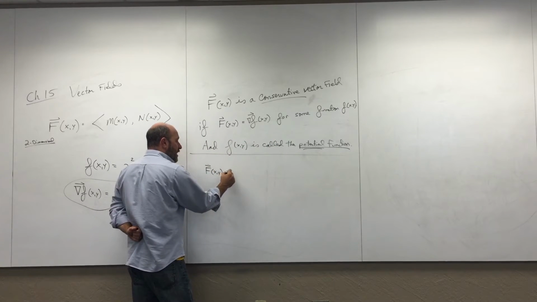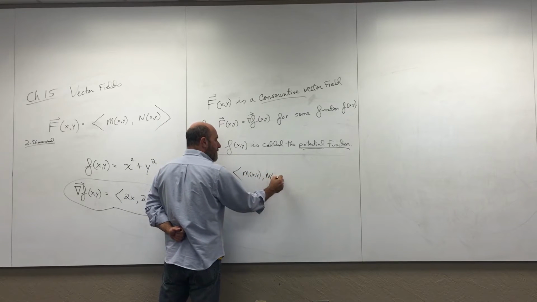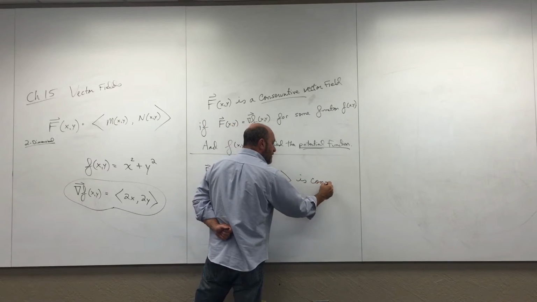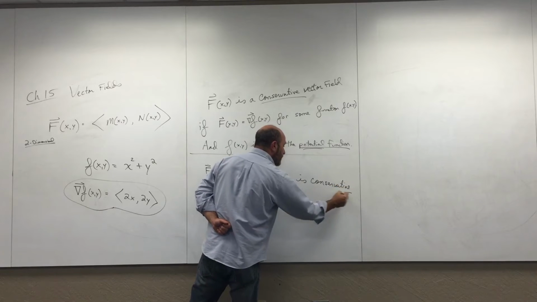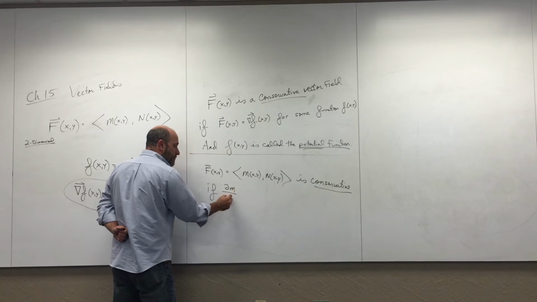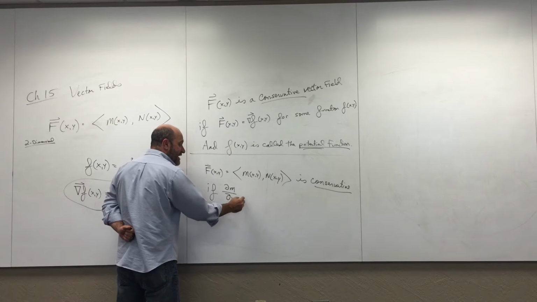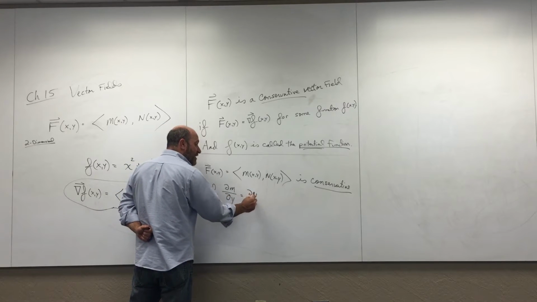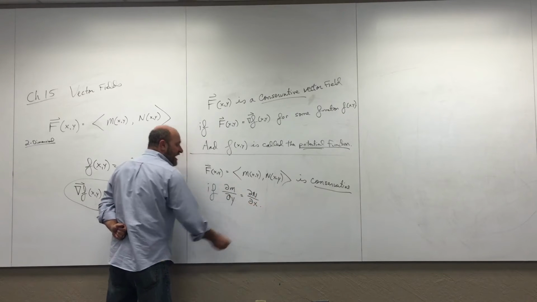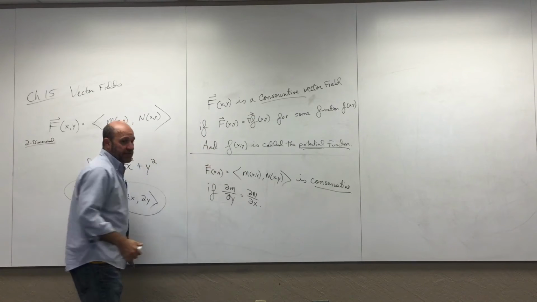This vector field, which we refer to as M, comma, N, is conservative if the partial derivative of M with respect to y is equal to the partial derivative of N with respect to x. That's our test to see if a two-dimensional vector field is conservative.